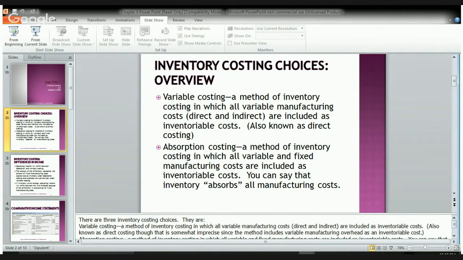The variable manufacturing costs are $200 per unit, and we're going to be producing 8,000 units for $1.6 million. So the cost of goods available for sale is $1.6 million. For the ending inventory, we take the 200 times the 2,000, and back that out, 400,000. So the variable cost of goods sold is $1.2 million.